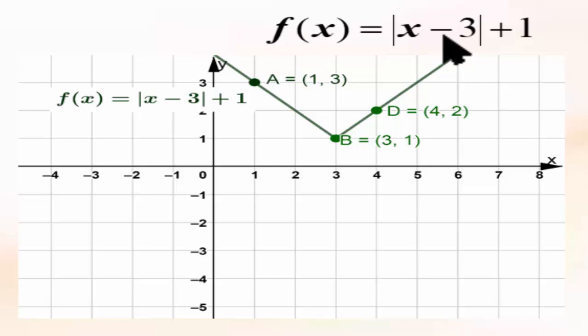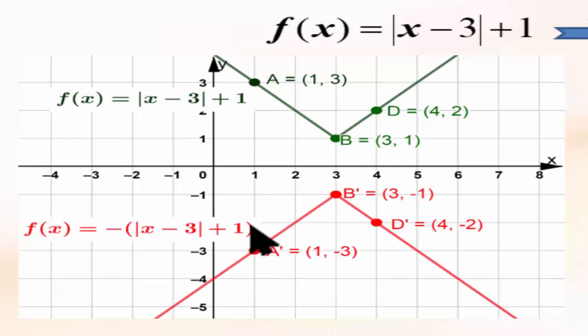And now, by reflection about the x-axis, these graphs become like this. Point A is 1, 3. Here, point A dash is 1, minus 3. That means the sign of y is changed.